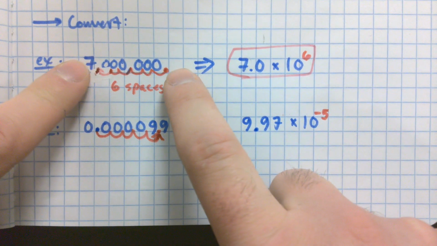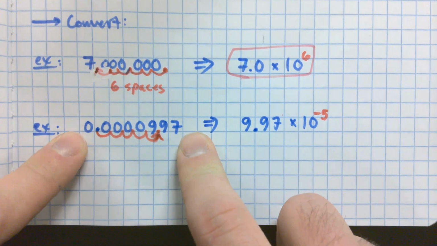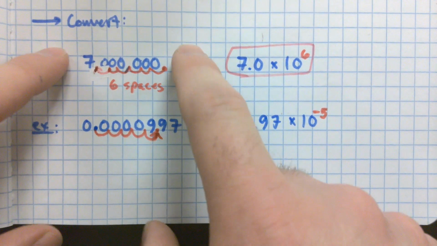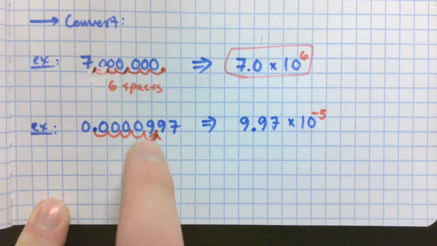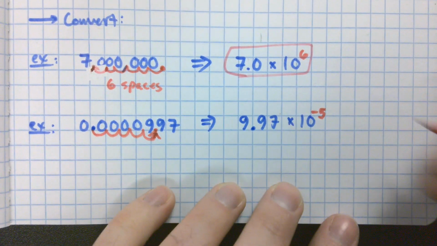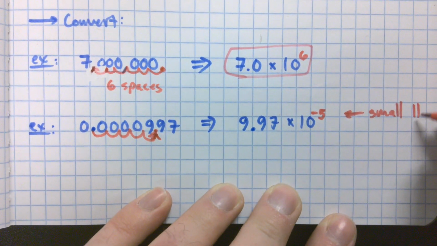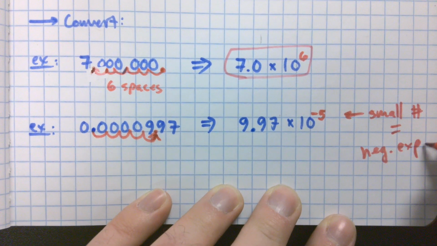If I offered you $7 million, or if I offered you $0.0000997, which would you rather have? 7 million. This is a super, super small number. When we have a very, very small number, we have to make sure that our exponent is negative. Small number equals negative exponent.